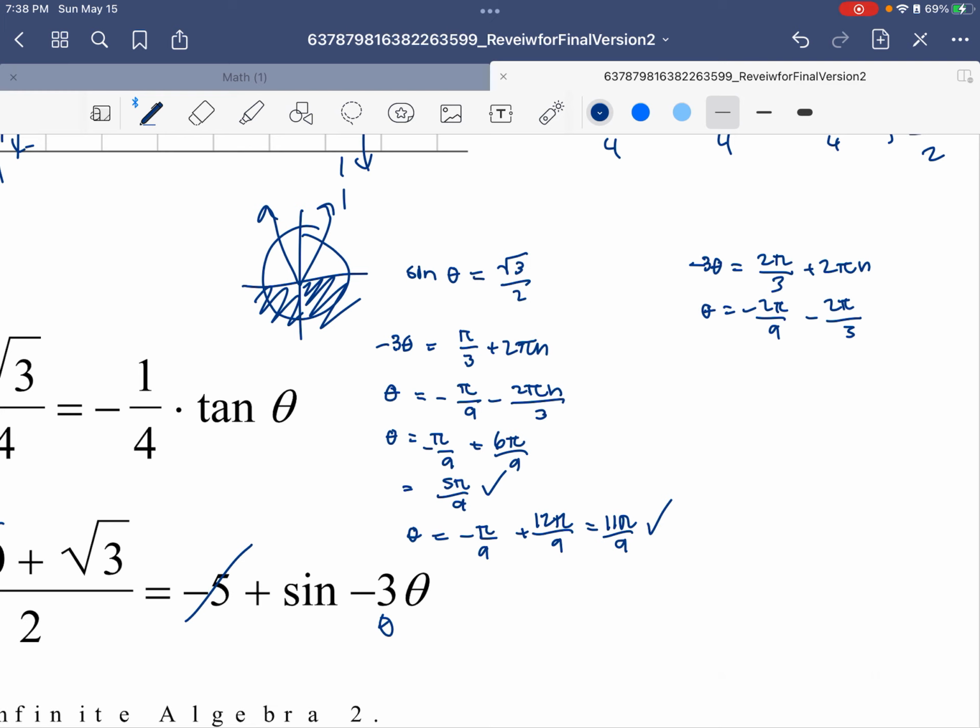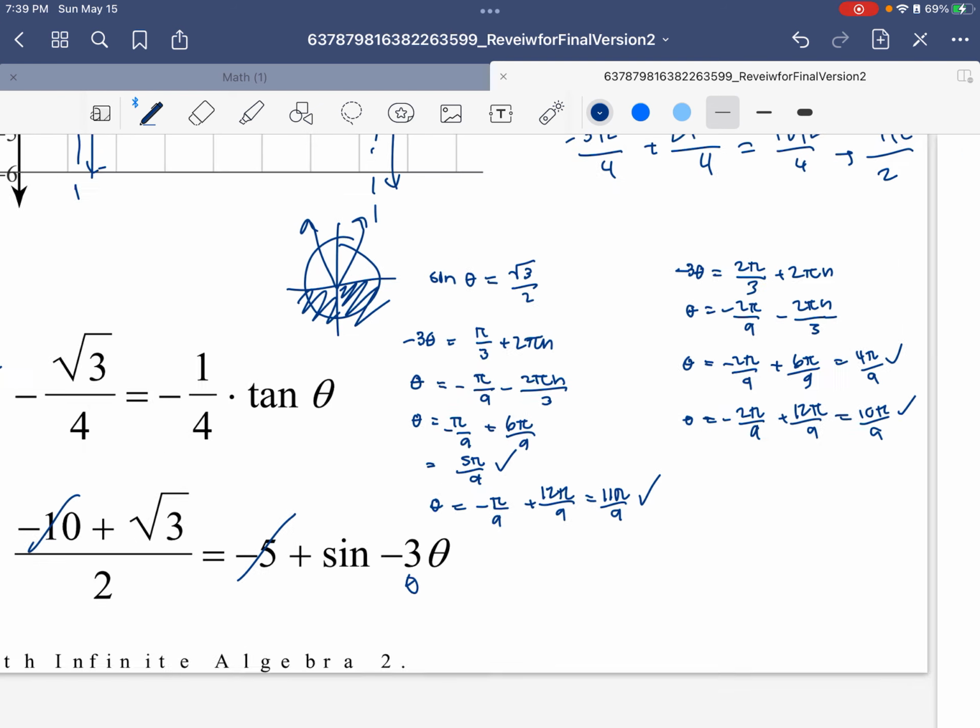Okay, so this is what you have now, and now let's plug in -1 again. And that does work. Okay, let's try -2 now. And that works.